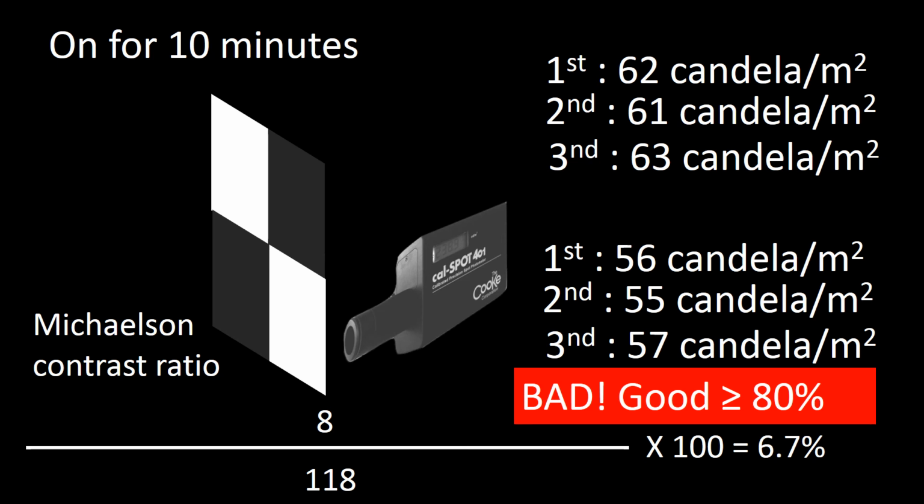This should be more or equal to 80%. That is, the Michelson contrast should be 80% or more. In this case, it is only 6-7%. Therefore, it is not appropriate.